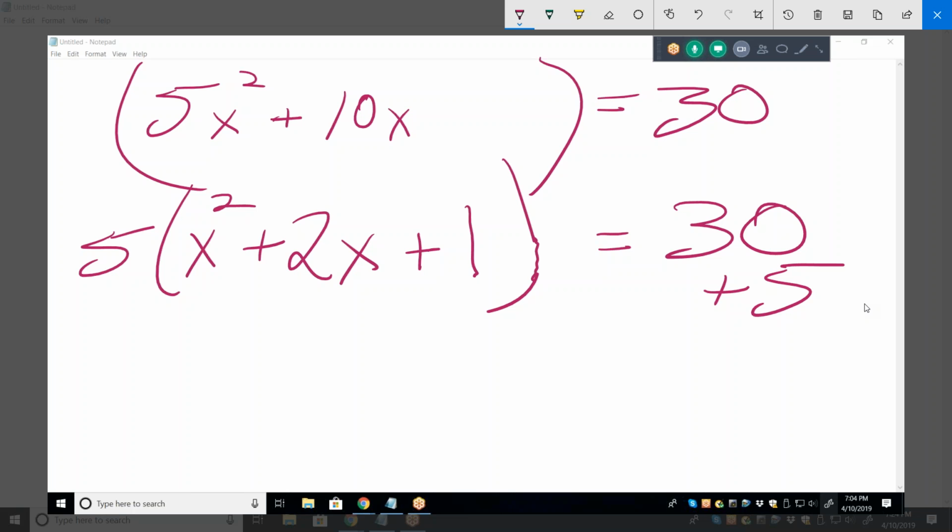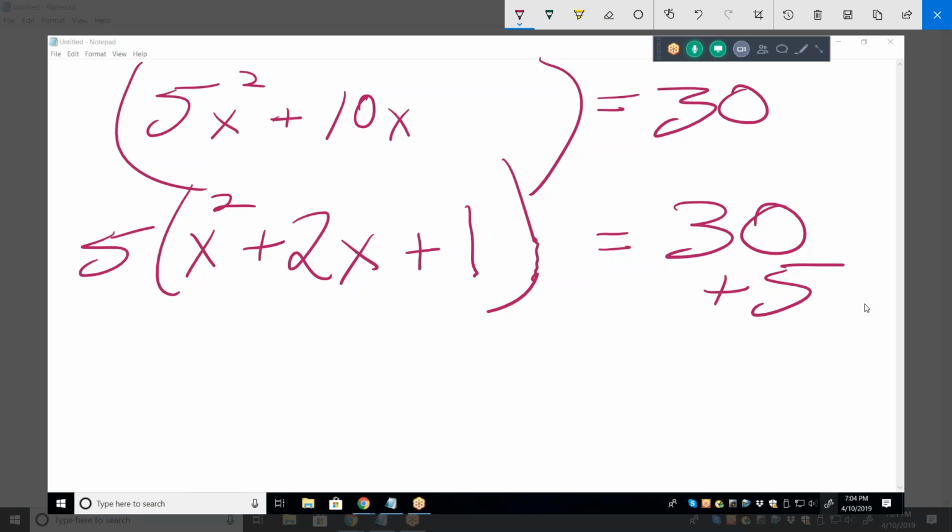I would have subtracted 5 if that 30 was still on the left side of the equation. But I moved the 30 over, so now I'm balancing out on the other side of the equation. I'm not balancing out on the same side. So because I added 5 to the left, I have to add 5 to the right. Okay. So now tell me what to write.